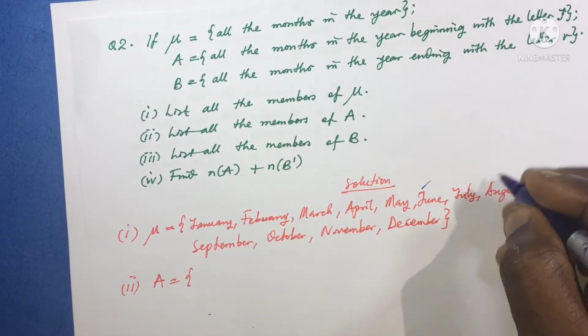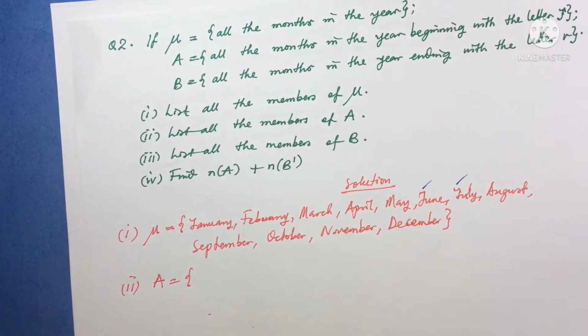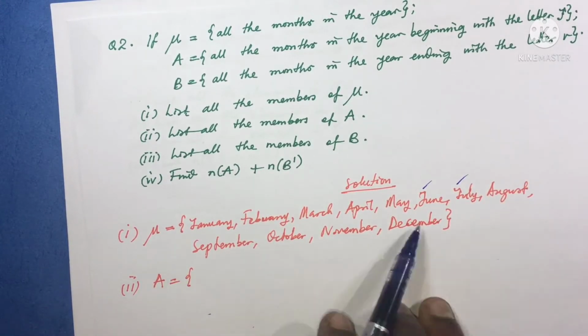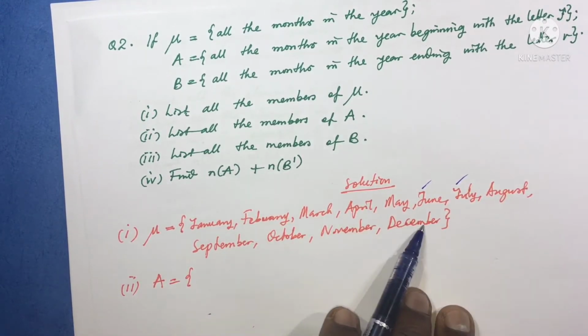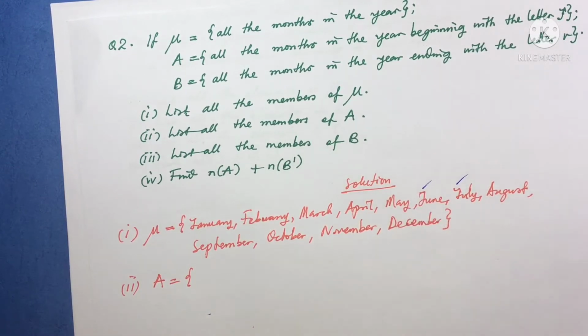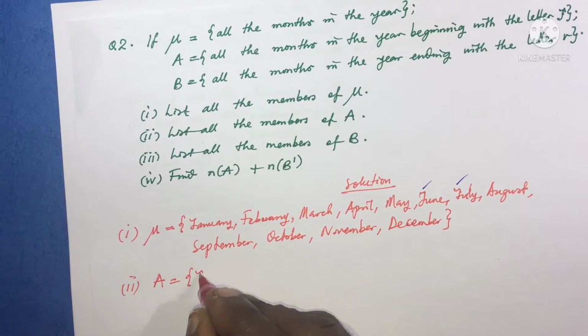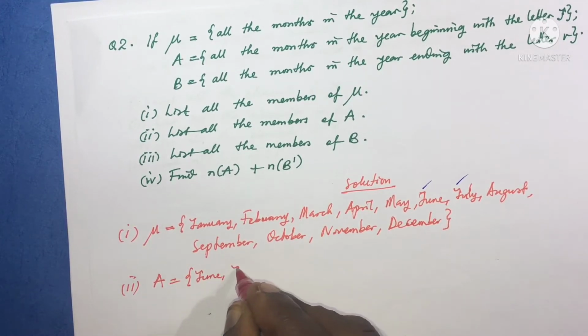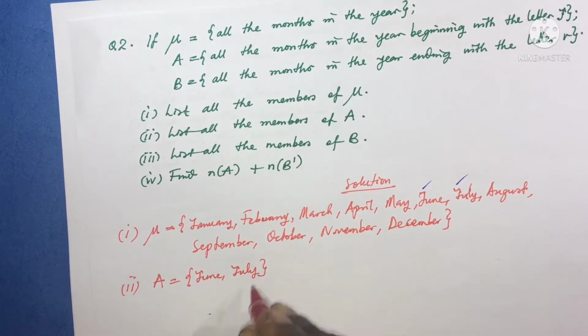They are July and June, and there are no other elements beginning with the letter J. So A will be the set containing as its elements June and July. Now that answers question 2, where we're asked to list all the members of A. So let's go to question number 3.